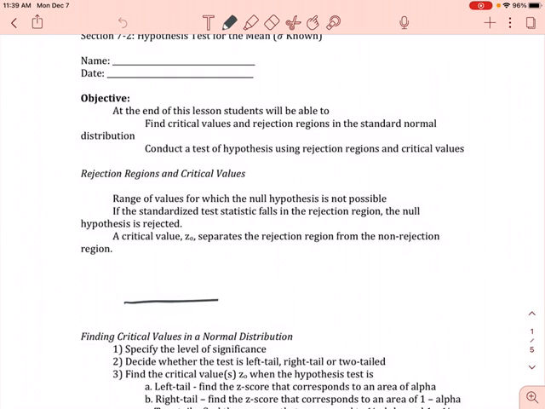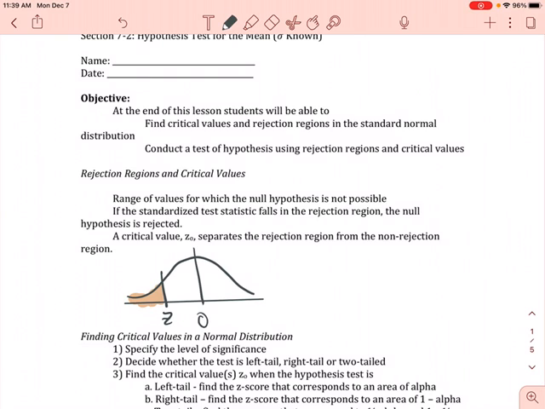So here's what we got. We have our test. Let's go with left tail just to show you. So here's our left tail test. Here's our rejection region. Okay, we're going to have a Z value.